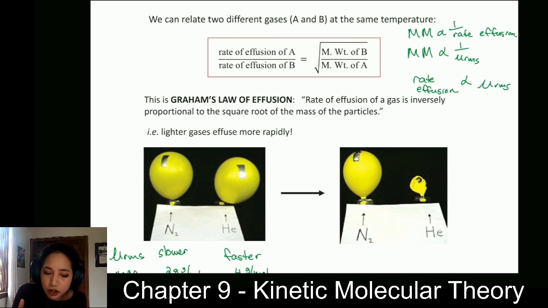The important thing to note is that if we look at the ratio of rates, A over B, when we take the square root of the molar masses, it's then B over A. This is not a mistake; they're switched on purpose because rate and molar mass are inversely proportional to one another.